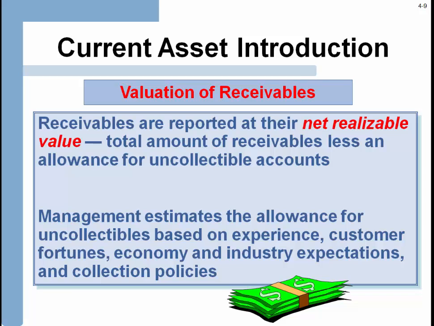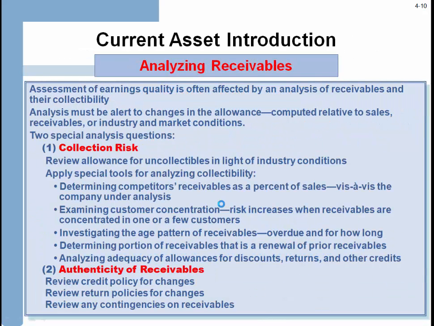And when you look at the financial statements in an annual report, it's going to say net receivable. But in fact, if you dig back into the notes, they'll tell you exactly what approach they followed to calculate their allowance for uncollectible accounts.